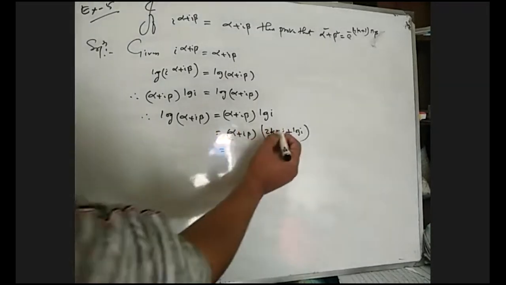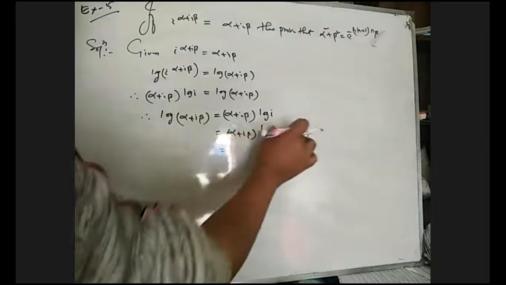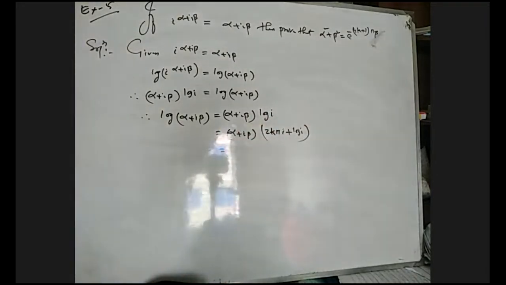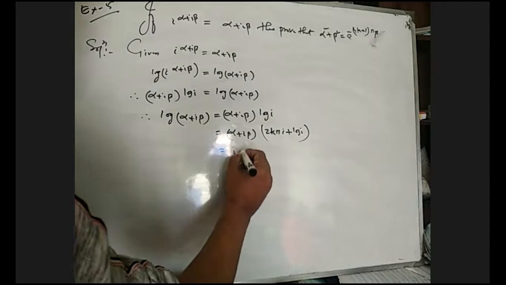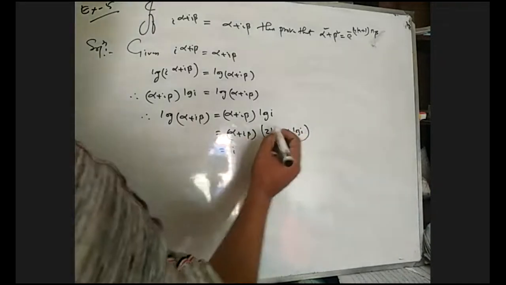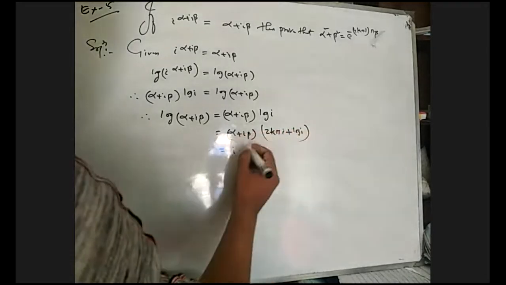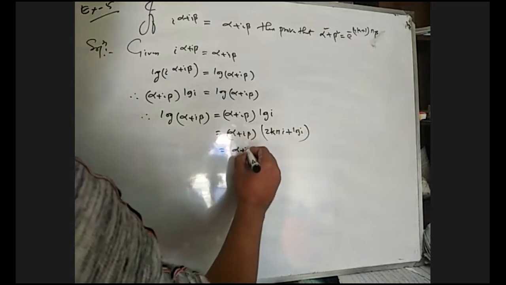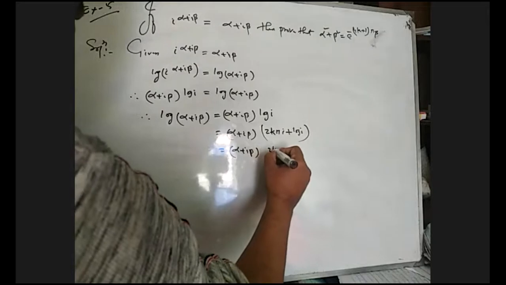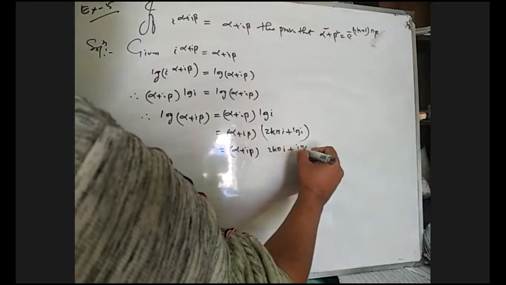Now multiplying this alpha into this, plus i beta into this, then we get 4 terms. Now separating real part and imaginary part. Log i equals what? Log i means i into pi by 2.